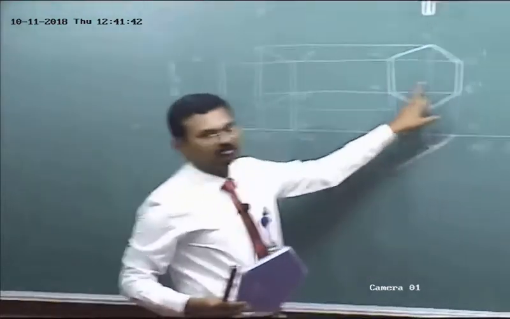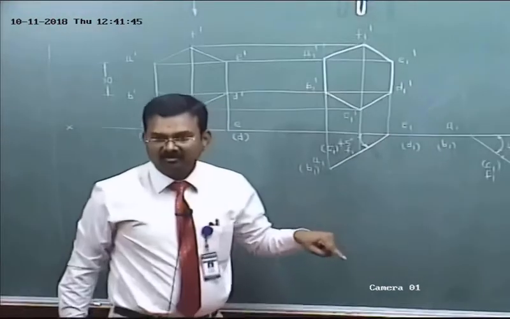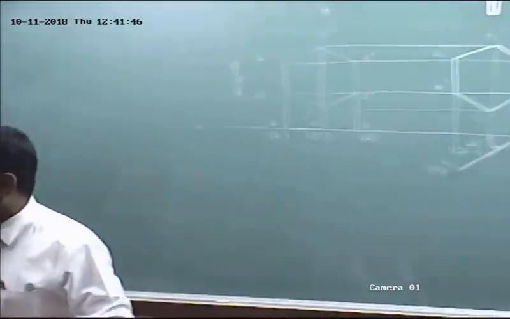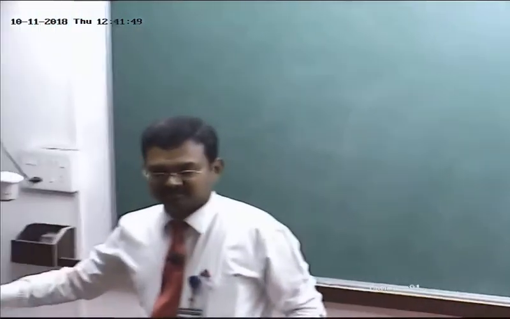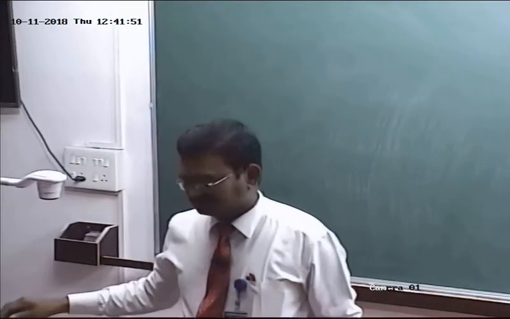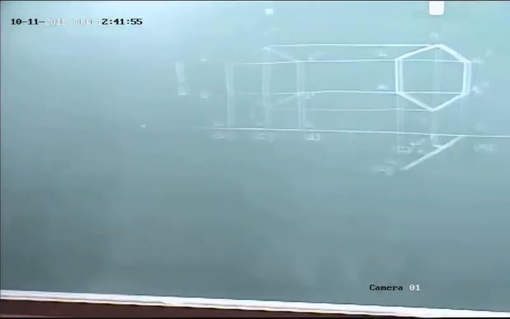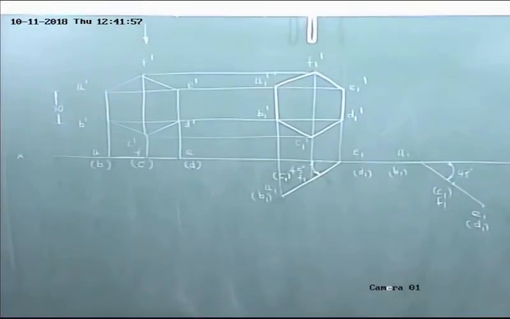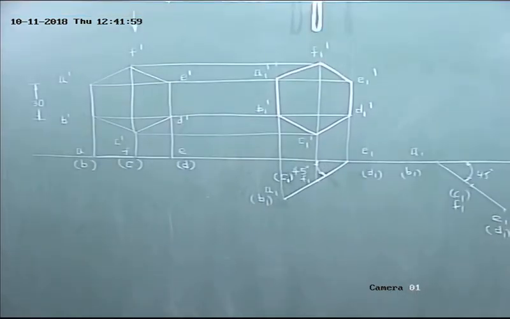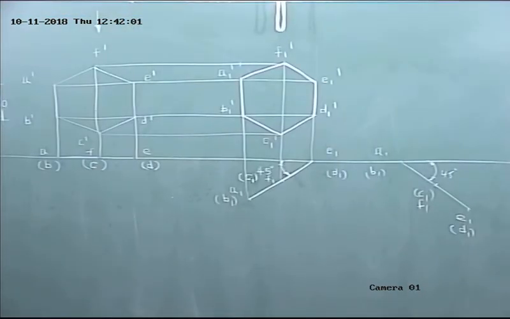What about the front view? It is a hexagon, but it is smaller than the actual shape and size, isn't it? The second step, front view is smaller than the actual hexagon size.